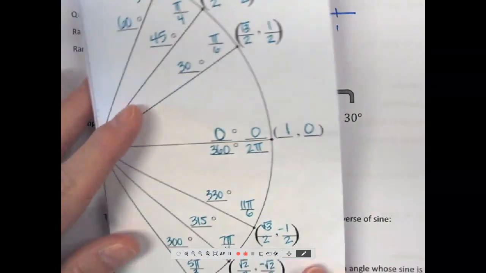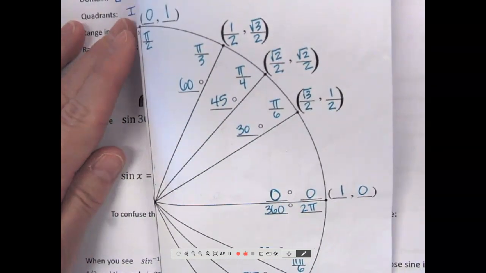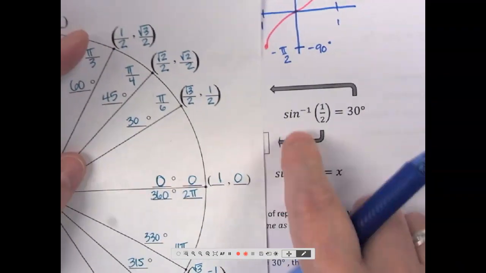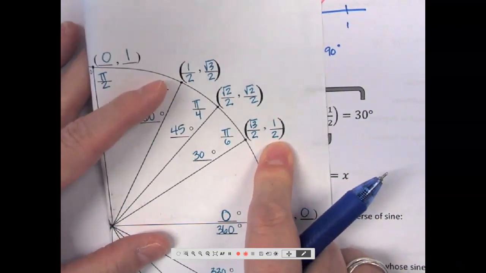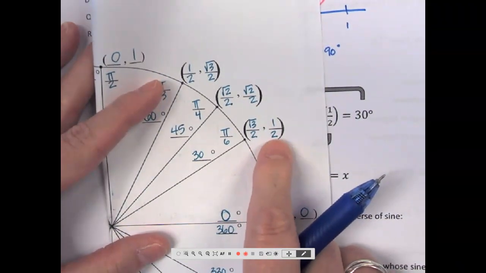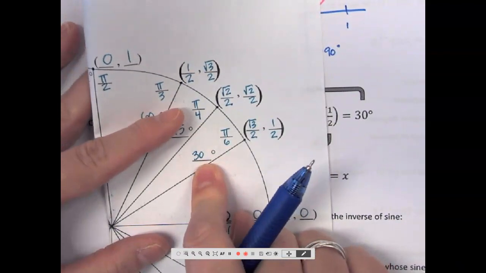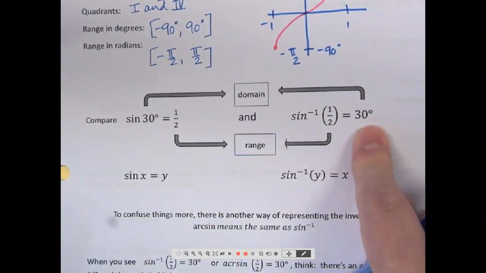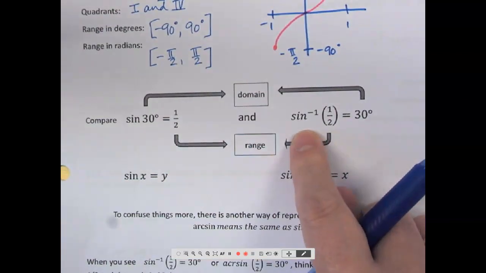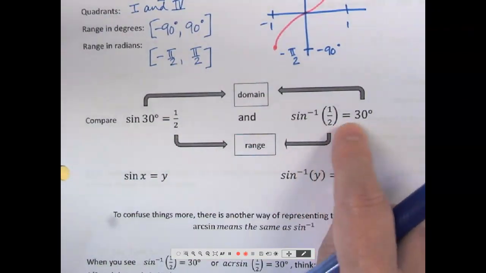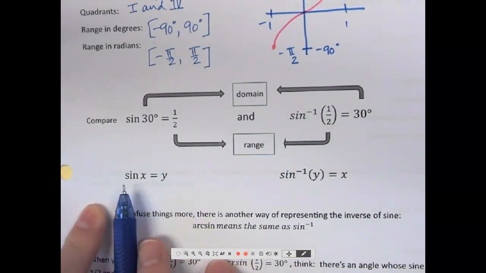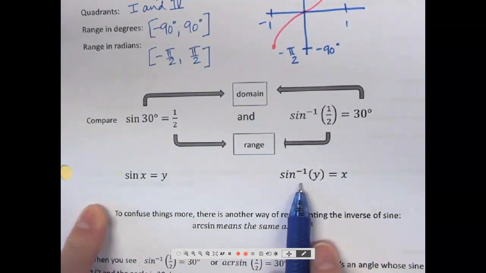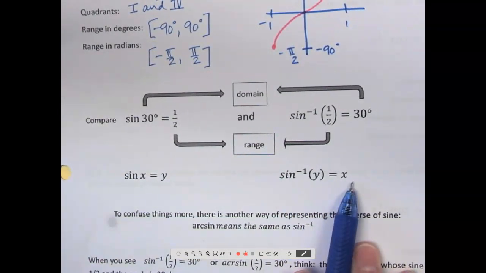We would only look in these two quadrants for that angle. I'm looking at y coordinates because that's where I find sine values. I see a sine of 1/2. It matches up with 30 degrees. So that's what my answer would be. So think of this as there's an angle whose sine is this number, and you're looking for that angle. Generically, it would be sine of x equals y, but sine inverse of y equals x.